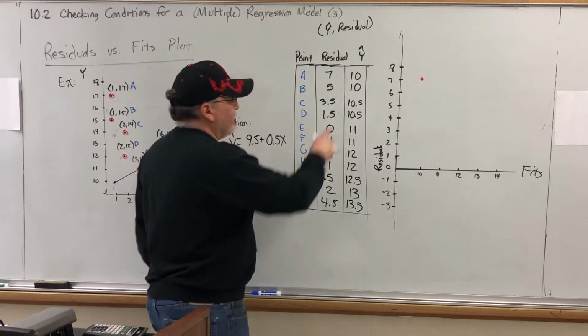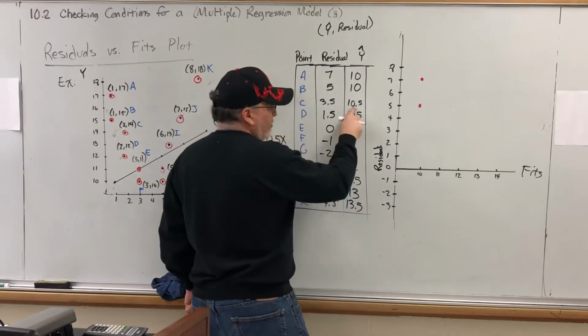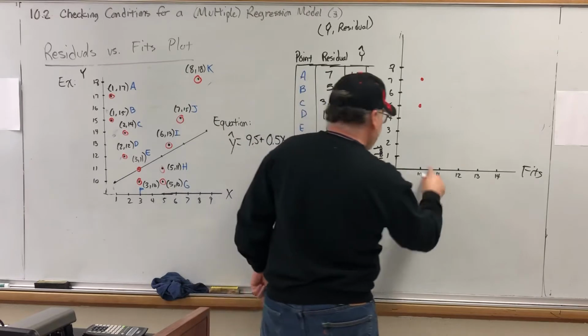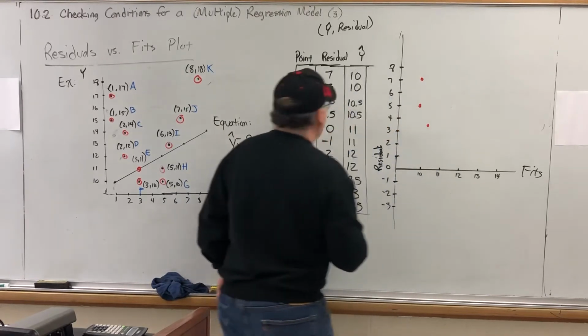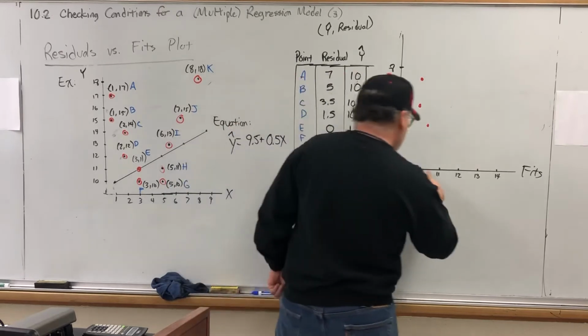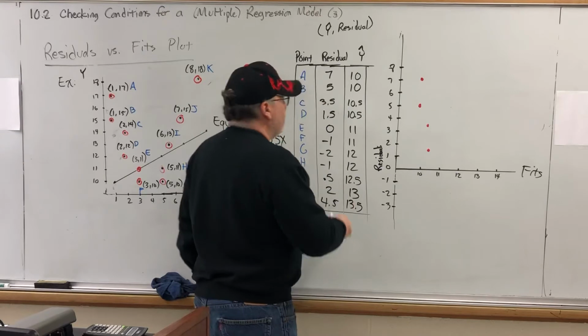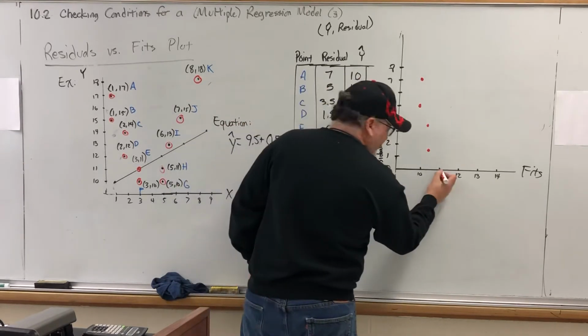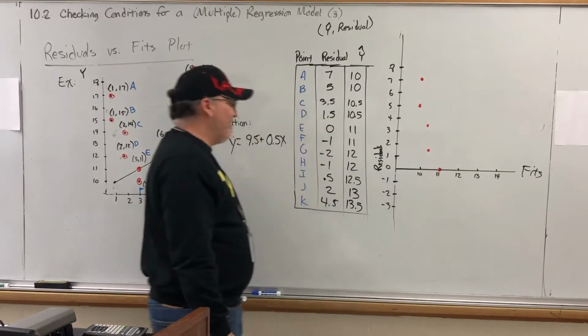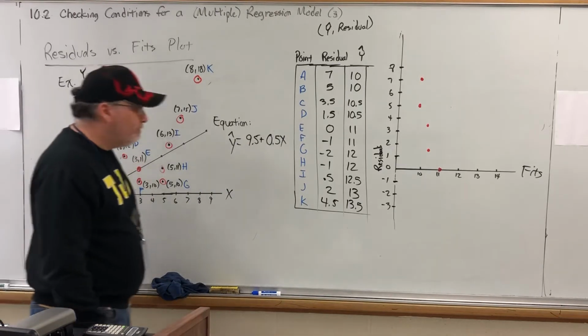Our second point is over 10, up 5. Our third point is over 10.5, up 3.5, so about here. Our fourth point is over 10.5, up 1.5, so about here. Our fifth point is over 11, up 0, so right on the 0 line. That makes sense because point E, what we observed is what we predicted.